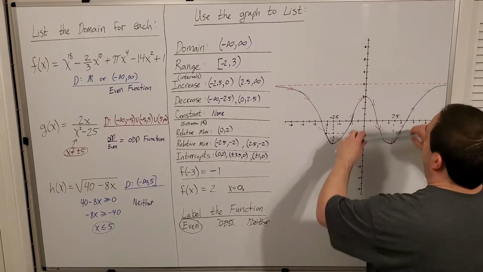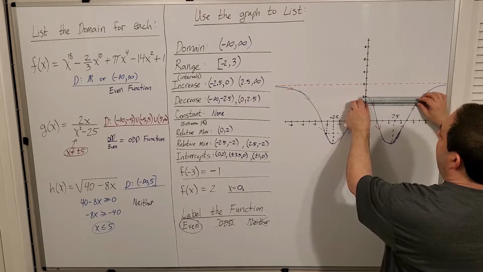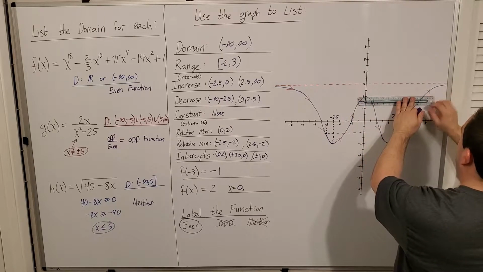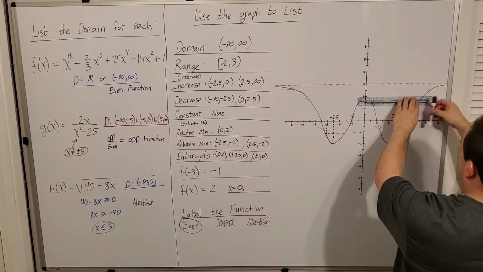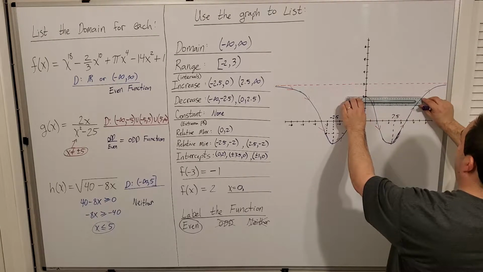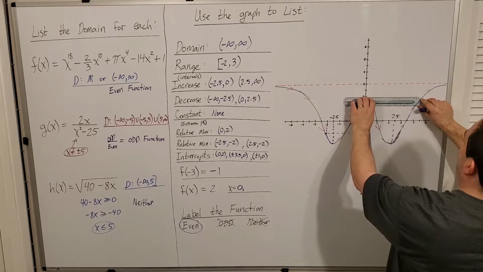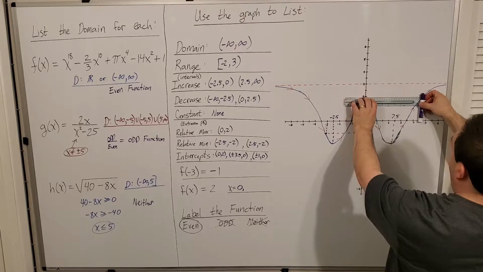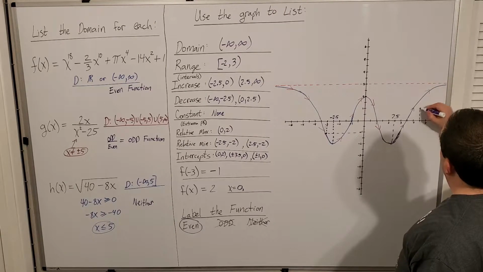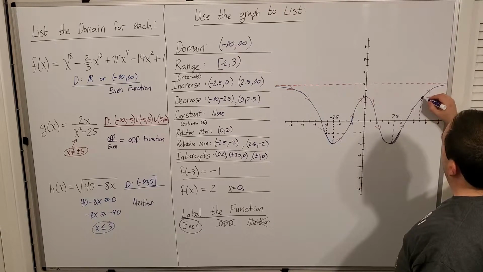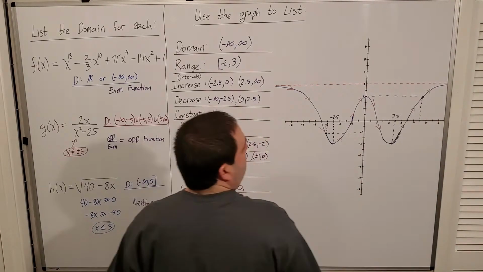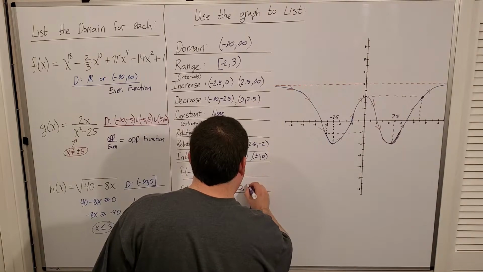We have a couple more, don't we? Right here at 2. Try to keep it level here. You can see where it's hitting. Try to use the tip. Right here at 4.5. So 4.5.